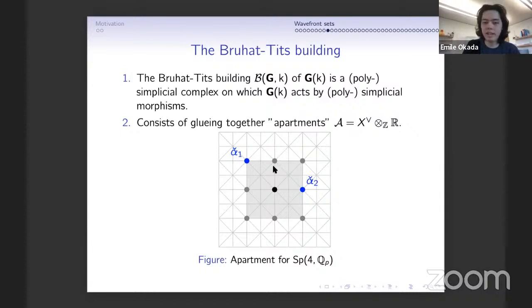So if you take, for instance, this apartment for Sp4(Qp), and if you take the vanishing of alpha 2, that's this hyperplane here. If you take the vanishing of alpha 2 minus 2, that's this hyperplane. And if you do this for all the roots in your root system, you can turn the apartment into a simplicial complex. And like I said, you glue them together, but for the sake of this talk, it's sufficient to consider a single apartment.